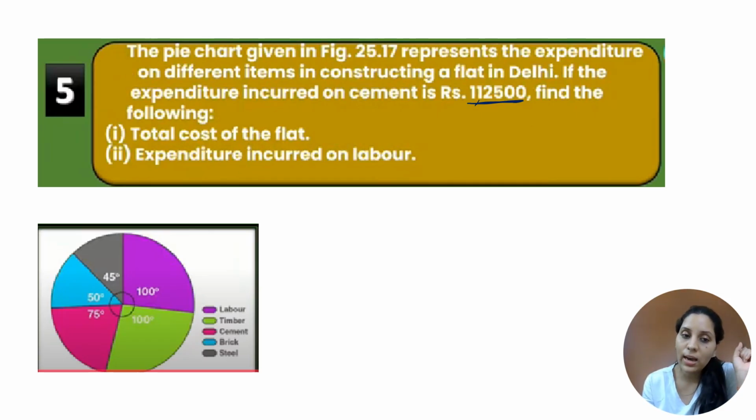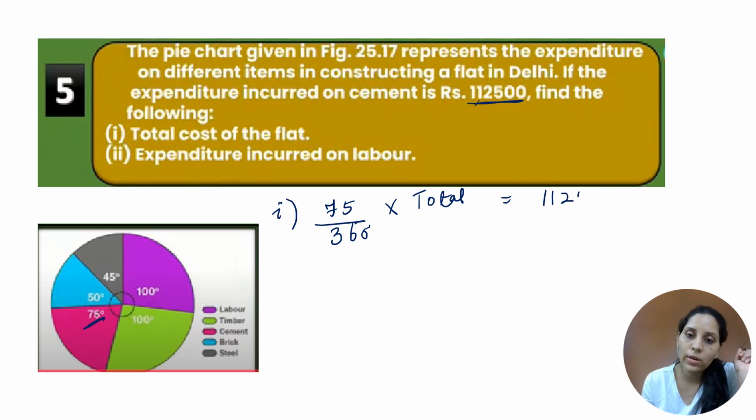So the central angle, let me take the 75. Any central angle you can take. 75 divided by sum of all the angles is 360 into the total, which is equal to 112,500. This is how we do, right?